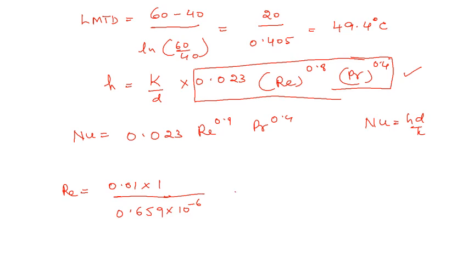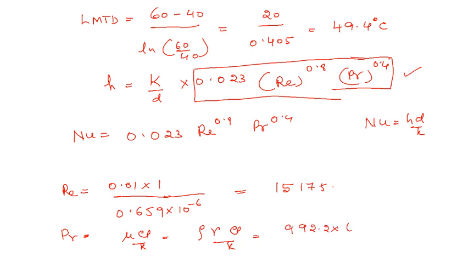Once that is done, I get the Reynolds number to be 15175. To find out the Prandtl number, I can use mu Cp by K, that is equal to rho into kinematic viscosity into Cp by K.